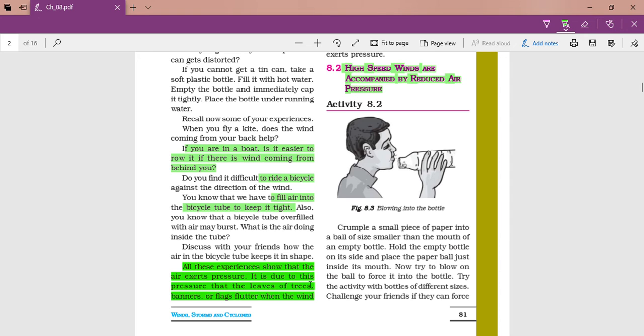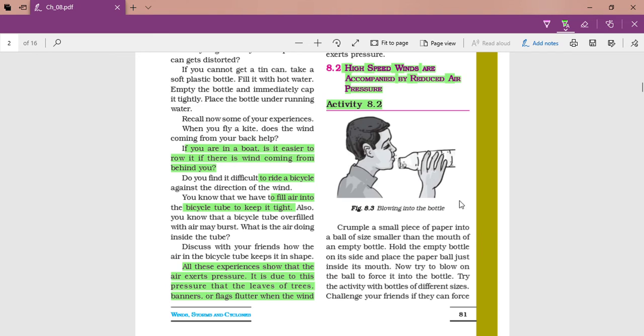Air pressure is caused by the constant bombardment of moving air molecules on the surface of various objects like the paper strip. We will study this in the following activities. The first activity is 8.2: crumple a small piece of paper into a ball of size smaller than the mouth of an empty bottle.